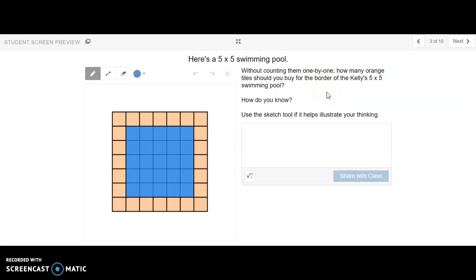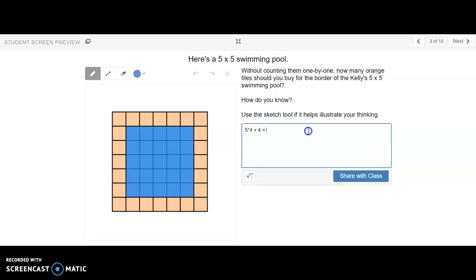So same thing. Now we're going to deal with a 5x5 pool for Kelly, but we can't count them. So I know there are 4 sides to a square. I can do the same process, which would be 5 times 4 plus my original 4 corners, because I also need to include the corners.